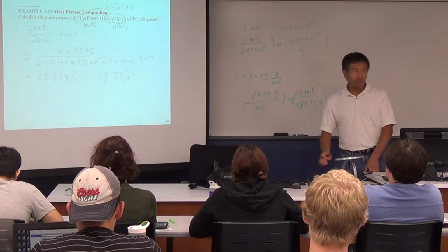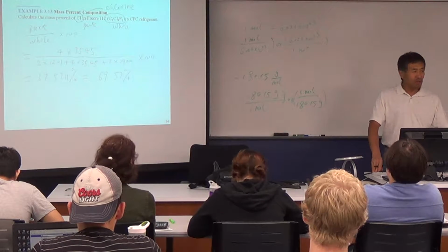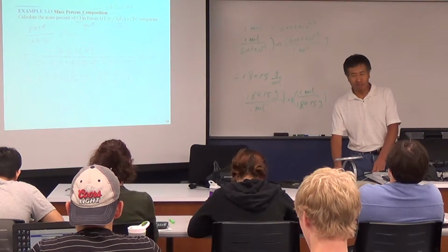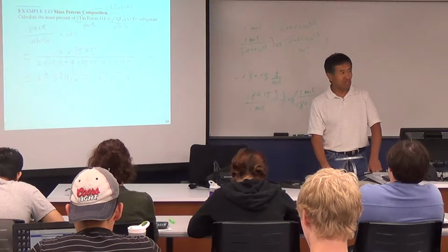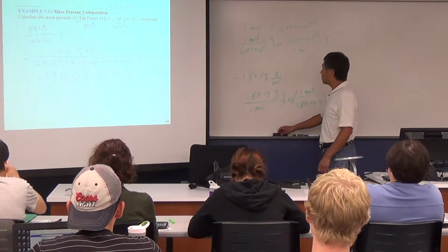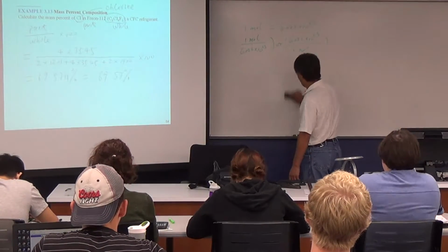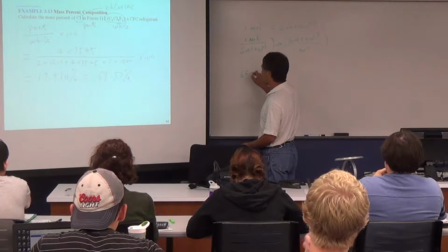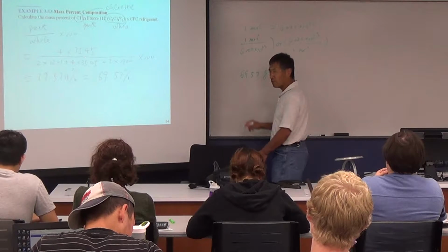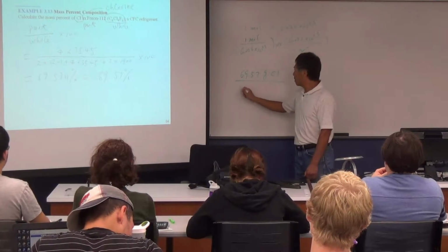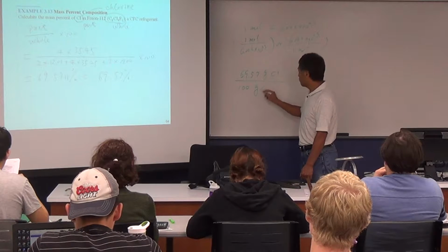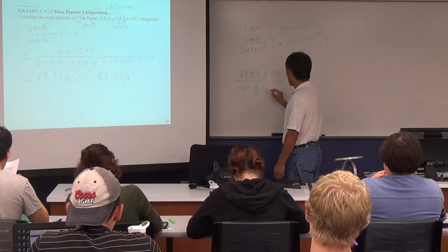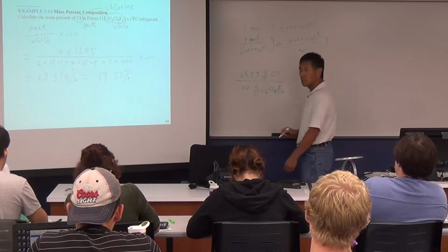So what do you do? Later on, if you want to use this number to do some calculations, you should understand that this can be written in many different ways, in many different units. For example, you can rewrite this as 69.57 gram of Cl over 100 gram of C2Cl4F2.